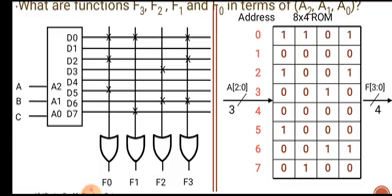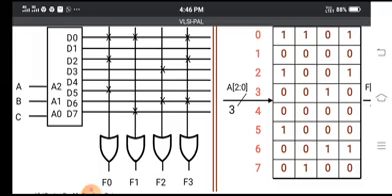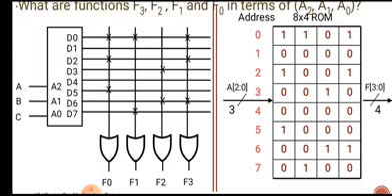So F0 is D0, D2 and D5. F1 is D0 and D7. F2 is connected to D3 and D6. And the last, F3, is connected to D0, D2 and D6.